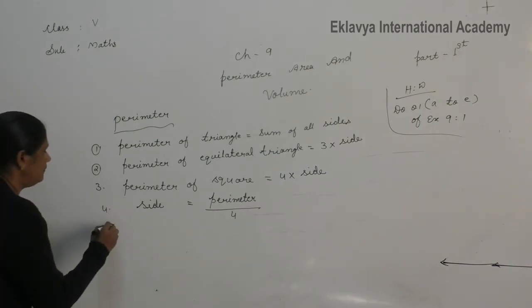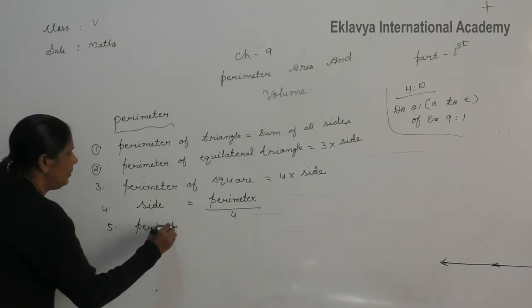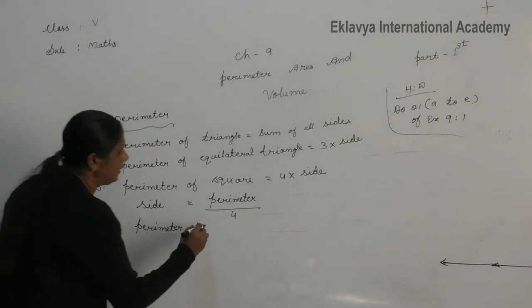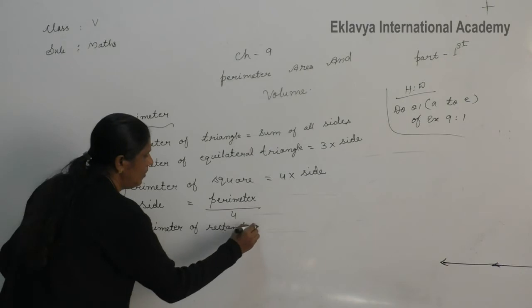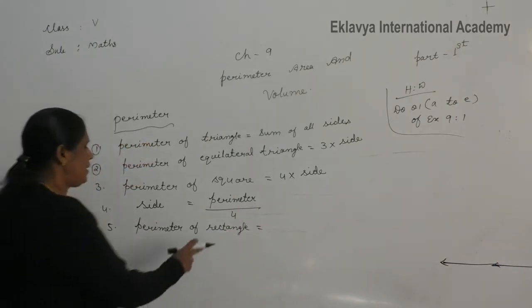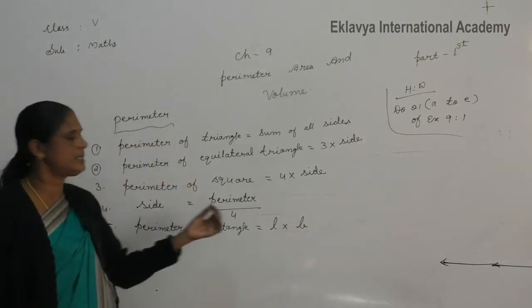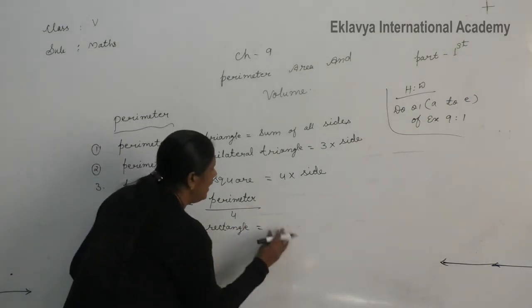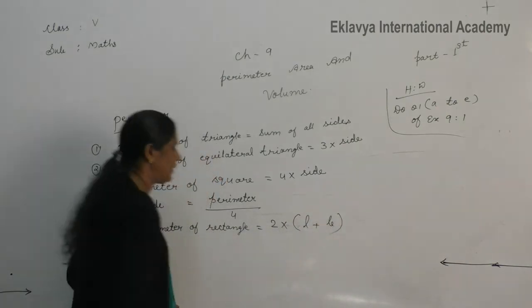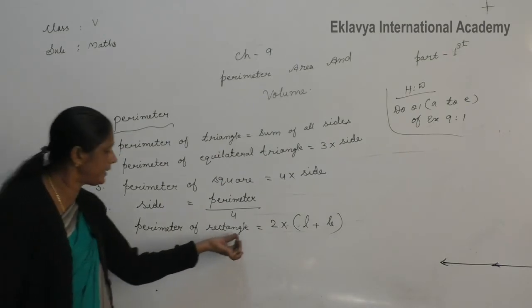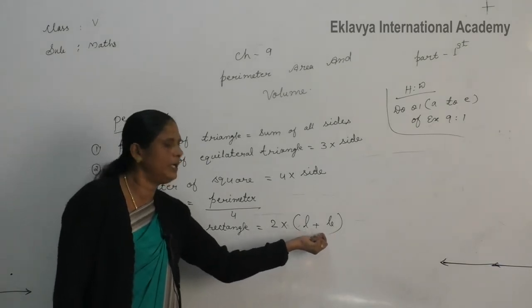Then 5. Perimeter of rectangle is equal to 2 multiply (L plus B).